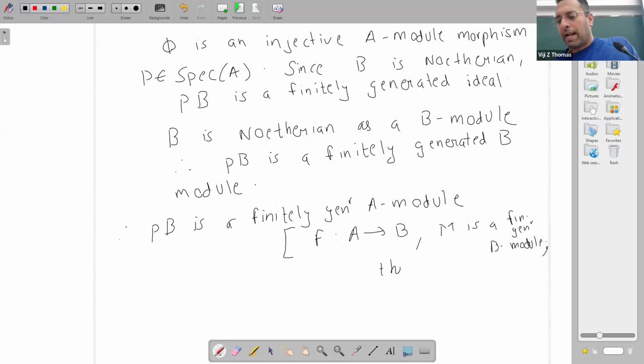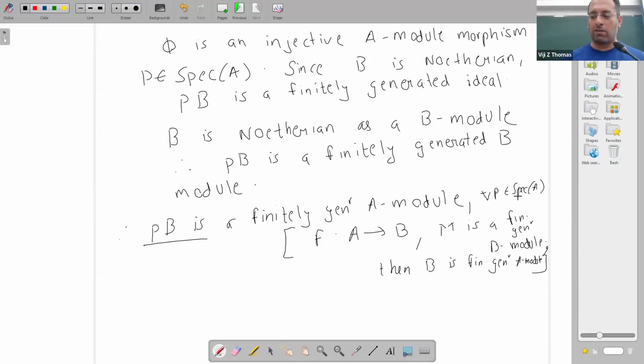Then M is a finitely generated A module. So from there, you can get that PB is a finitely generated A module. P was an arbitrary prime, so this is for all P belonging to Spec A.